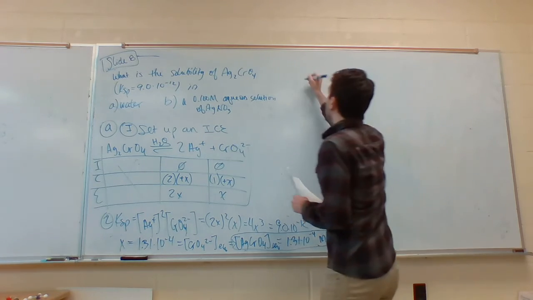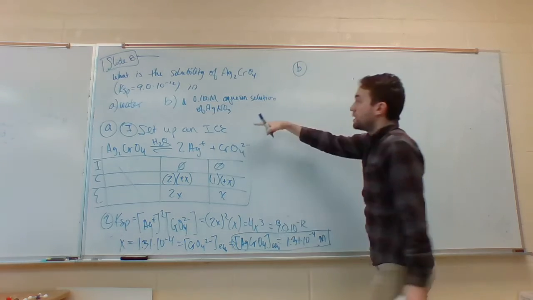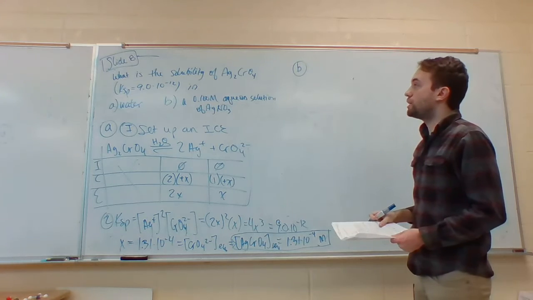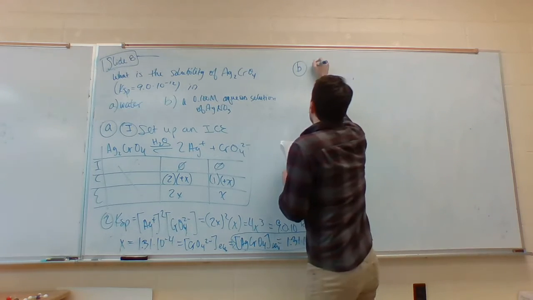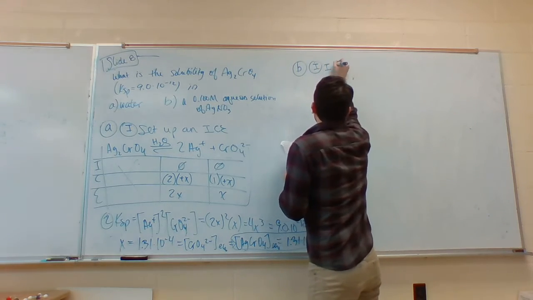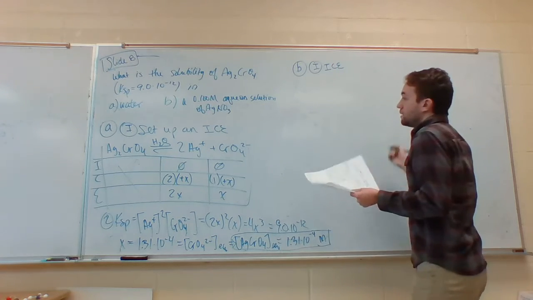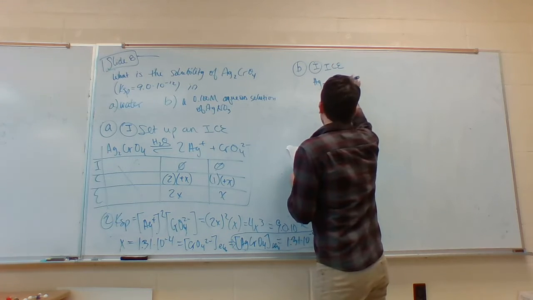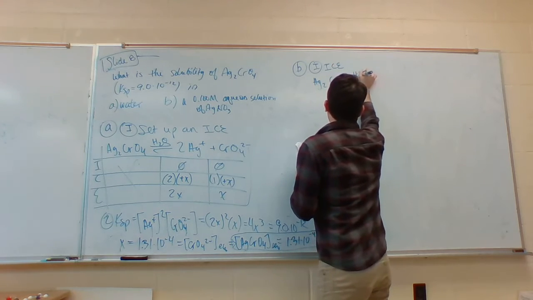All right, now what about our other case where we put it into a solution of silver nitrate? Well, we know it's going to be an ice table. So we have Ag2CrO4, throw that into water.